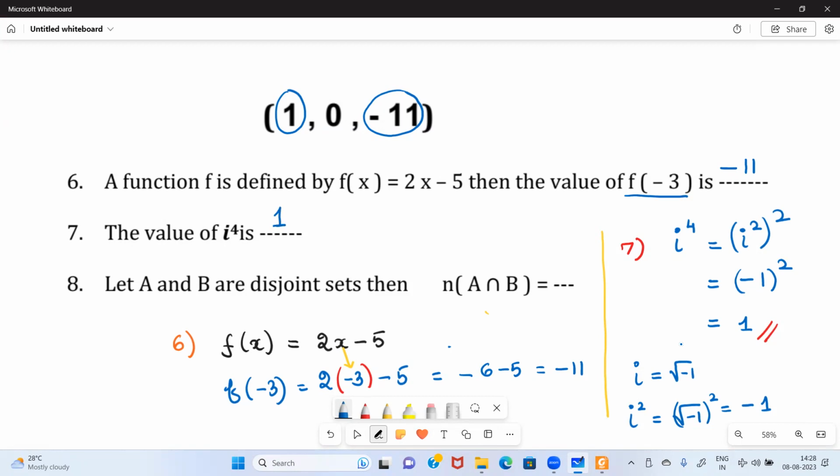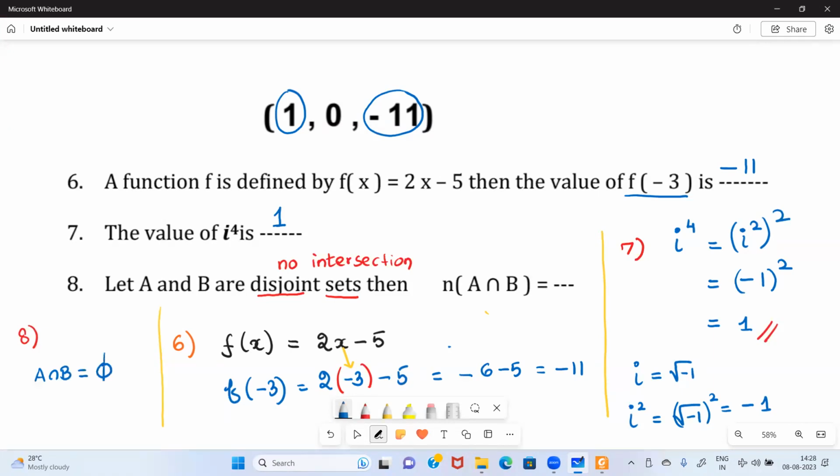Clear, students? Let's now look at question number 8. Let A and B be disjoint sets. What do you mean by disjoint sets? No intersection, or no common elements. Then if A and B are disjoint sets, what is going to be A intersection B, students?